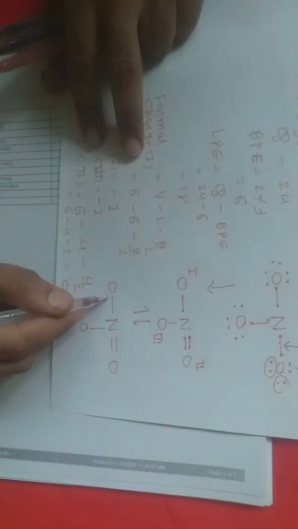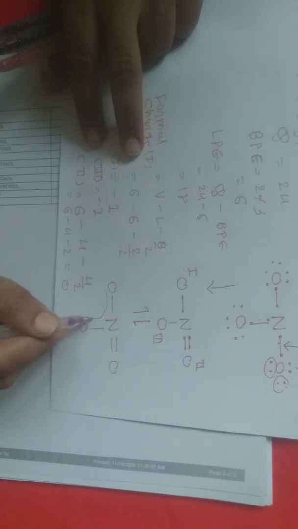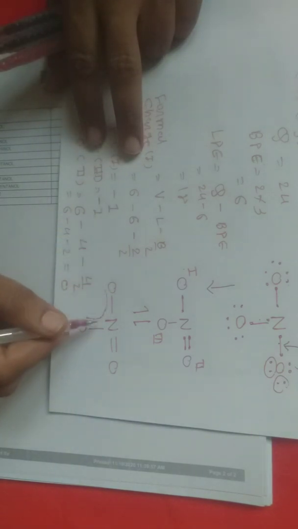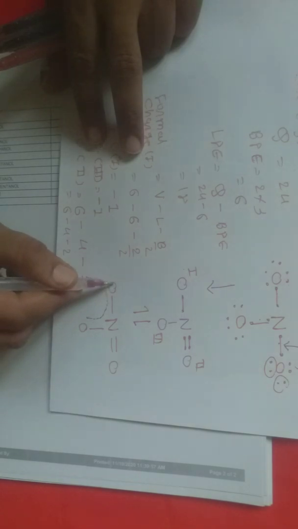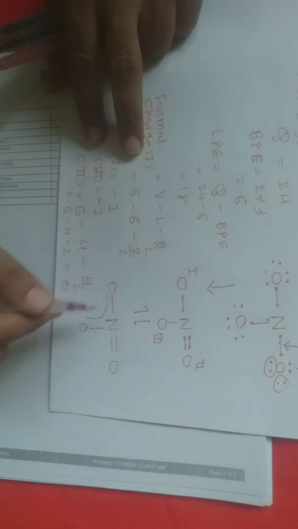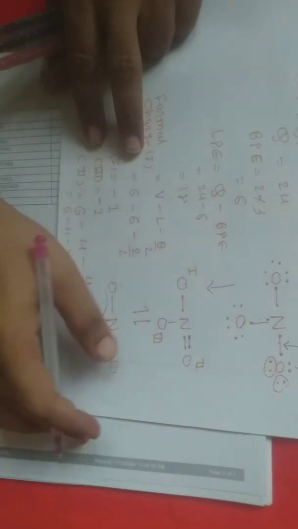Now the -1 charge is distributed between these two. So we are putting it like this, because the -1 charge is continuously resonating between these oxygens. That's why we are putting it like this. Now let us see. Let us take one more example.